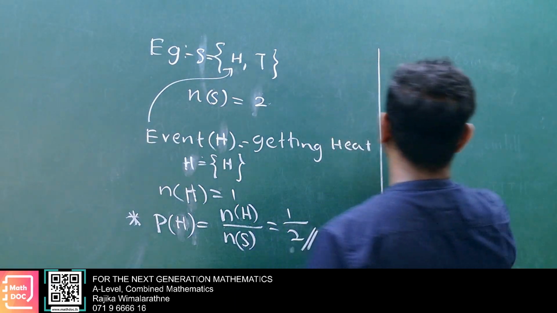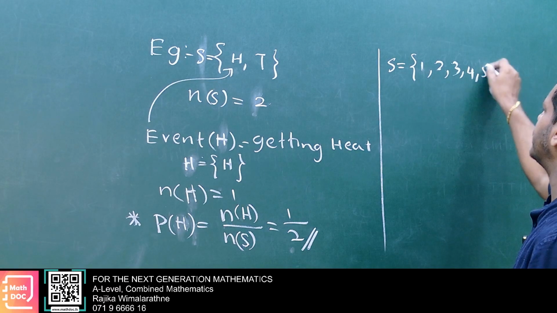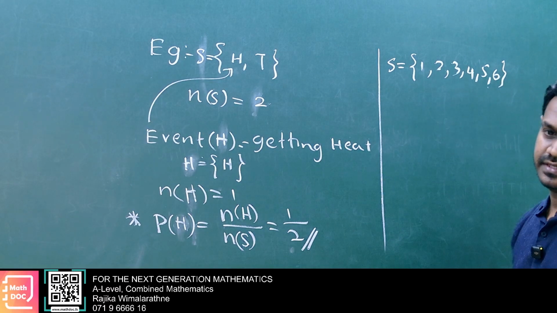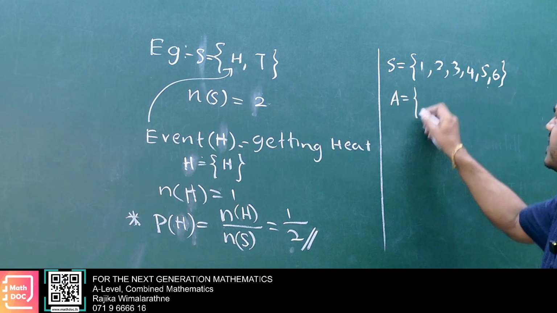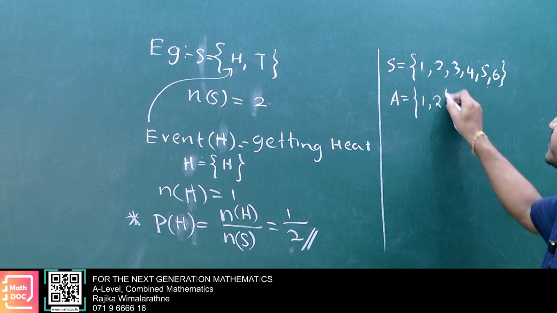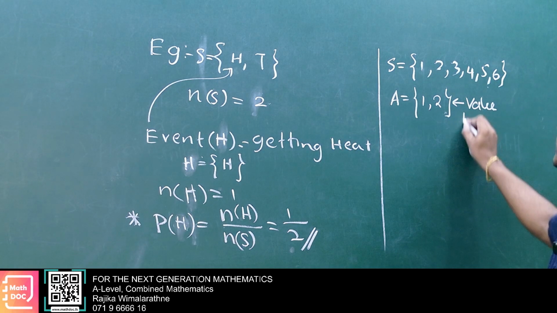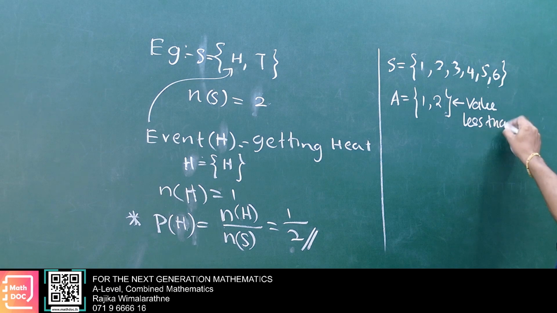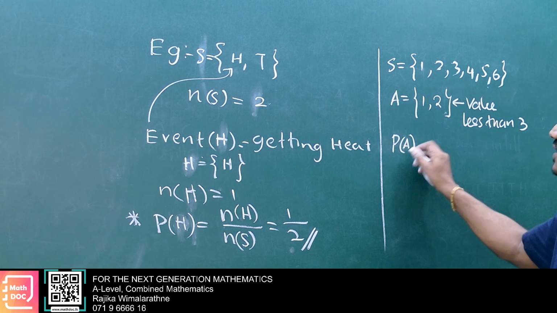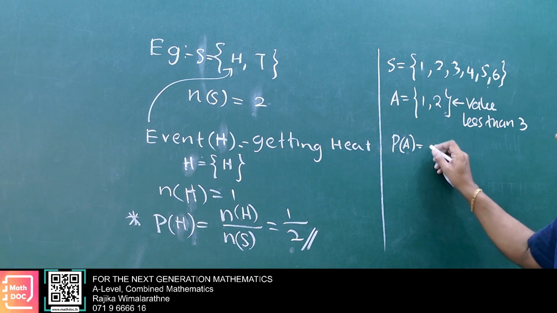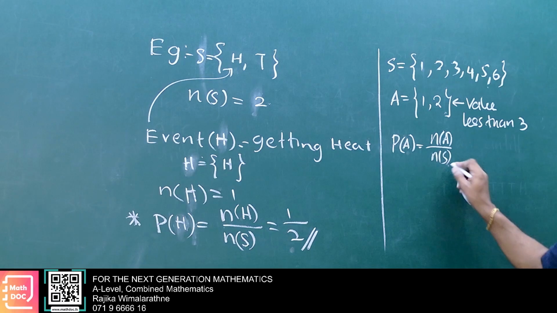Consider the sample space 1, 2, 3, 4, 5, 6. Here we are rolling a die. You consider event A, values less than 3, that is 1, 2. If you need to find P(A), the probability of A, we denote it by n(A) divided by n(S).